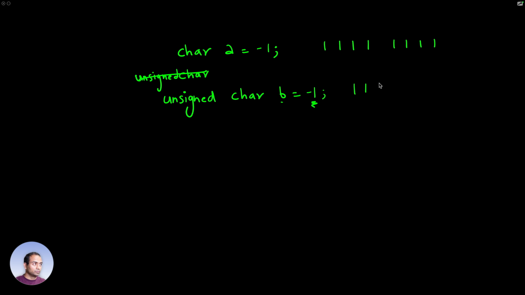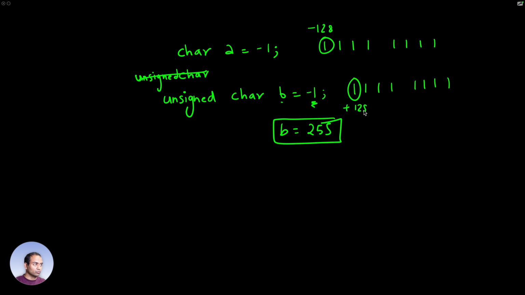This will also be represented like so, but my claim is this is the same as b equals 255. The reason has to do with this bit being treated as -128 and this being treated as positive 128, based on how unsigned and signed variables are treated. Hopefully this made sense to you.